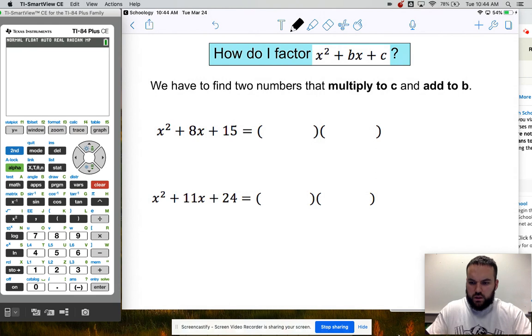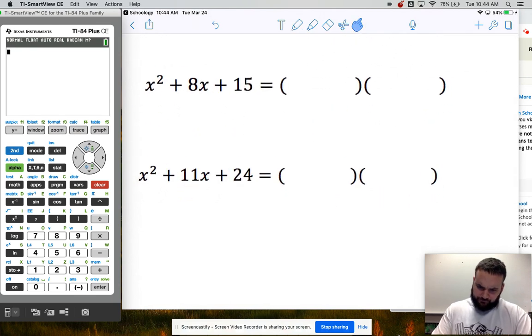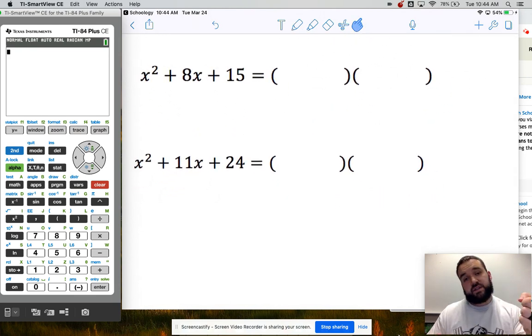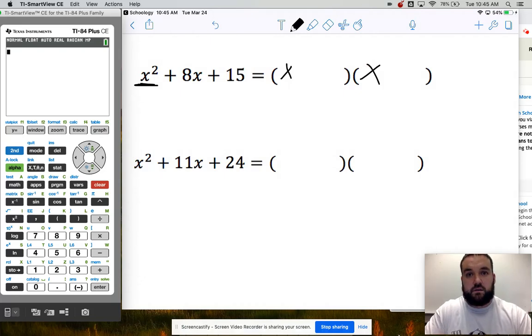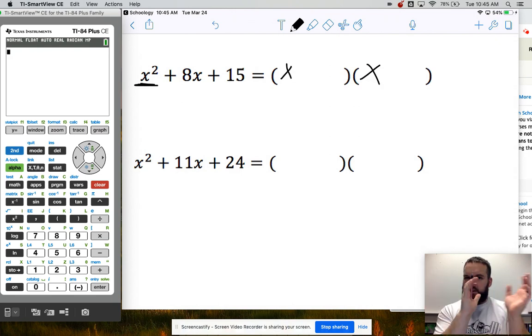I can actually use the same distribution shortcut, but in reverse. First of all, if I'm going to have x squared, I know I'll have to distribute x times x. All that's left for me to do is figure out what number goes in the parentheses to accompany each x. So it's going to be x plus a number, and then x plus another number, or minus, or whatever.